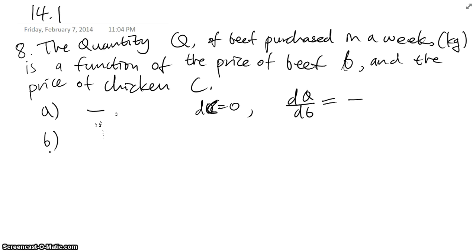And for part B, it says, do you expect partial Q over partial C to be positive or negative? This is completely opposite, because let's say the price of the beef is remaining still, but the chicken price goes up. Let's say I'm a restaurant owner and I deal two kinds of meat, beef and chicken.